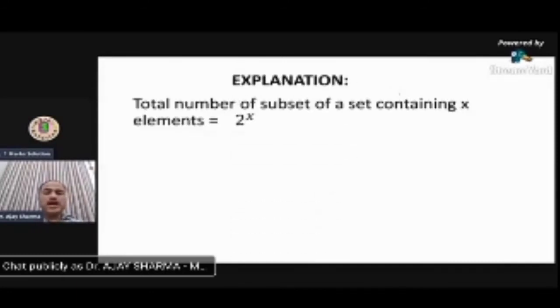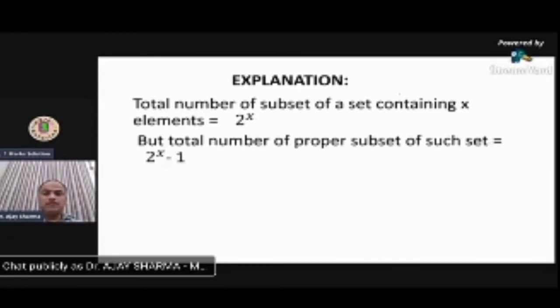We know that if a set has x elements, the total number of subsets for that set will be 2 raised to the power x. This is very much clear, everybody knows about this. Now when we write the total proper subsets of such a set, it will be 2 raised to the power x minus 1.